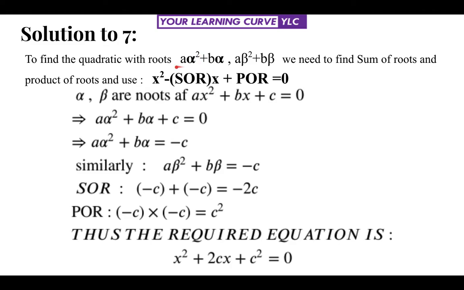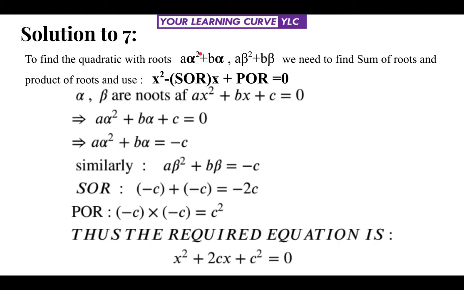What we do, we observe that a alpha square plus b alpha, this looks like something we have already seen. Where have we seen this? We have seen it when I wrote the four relations which we can always write if alpha beta are roots of ax square plus bx plus c.